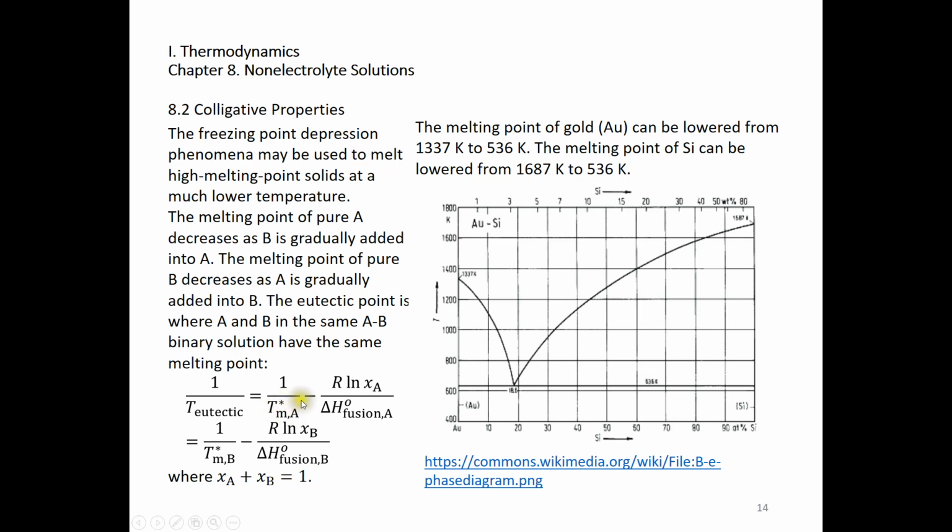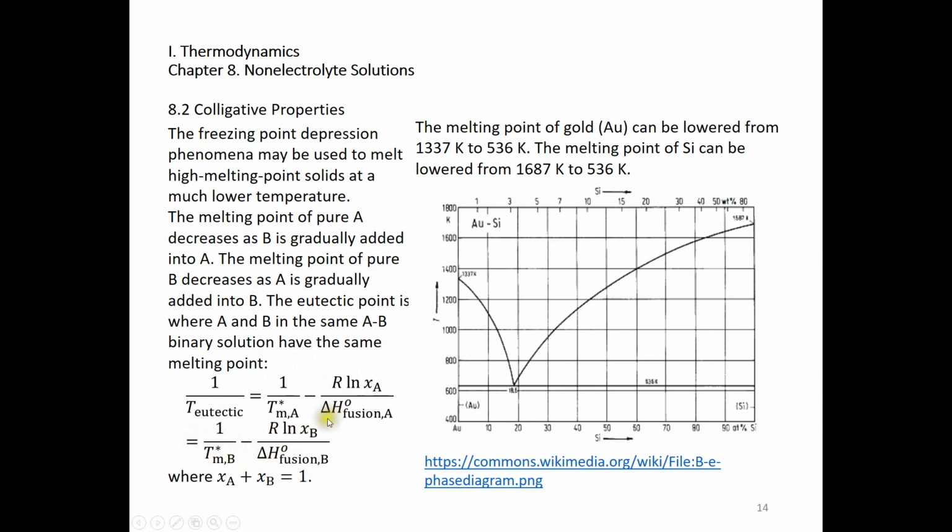And we have pure A, and then minus this correction that involves the mole fraction of A. And 1 over the eutectic point is also equal to 1 over the melting point of pure B, also minus this part. We have x_B on top, the enthalpy of fusion on the bottom. So again, over here, this gives you the melting point of A in a solution. This gives you the melting point of B in a solution.